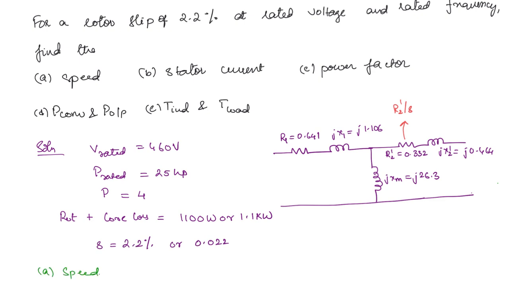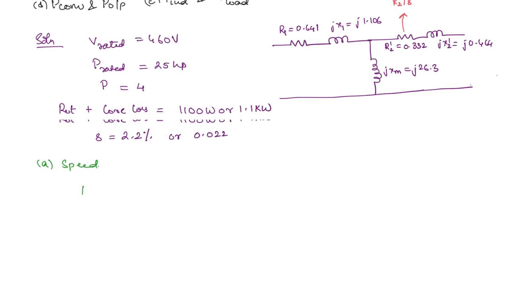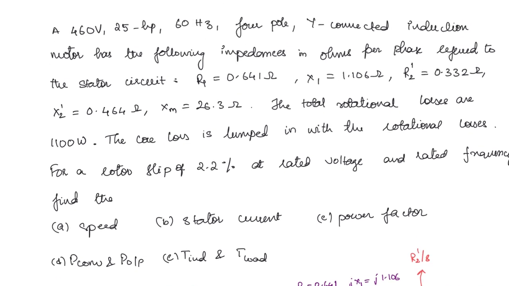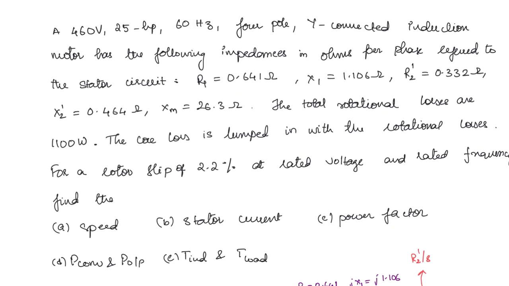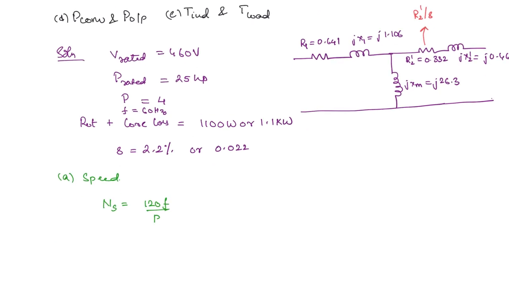Now, what is the first parameter that you need to find? It is the speed. So first we will find the synchronous speed. Ns is given by 120 F by P. The frequency is also given here, 60 Hertz. So F is equal to 60 Hertz, and you are going to get 1800 RPM.